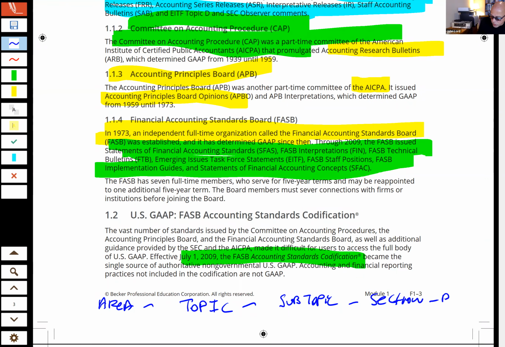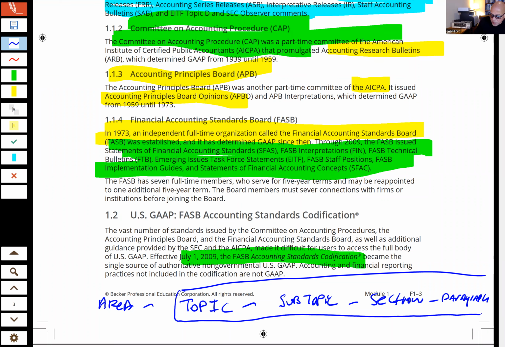And finally, you'll look into whatever paragraph is associated with that. Now, on the CPA exam, you don't have to worry so much about area. They're going to ask you to provide your answer in topic, subtopic, section, and paragraph.